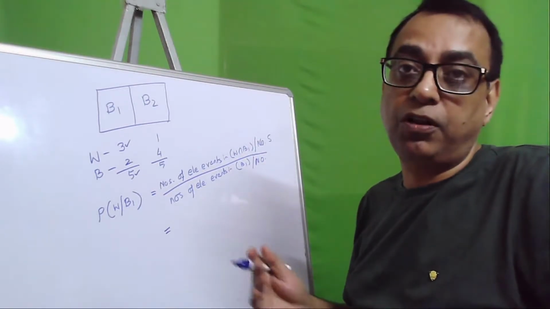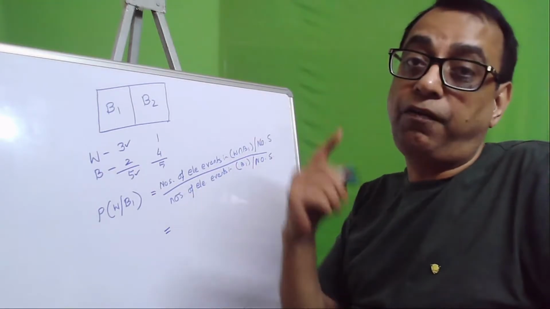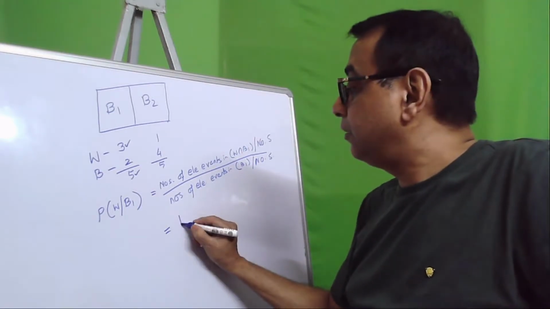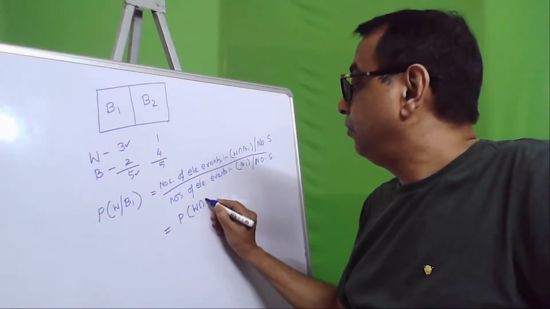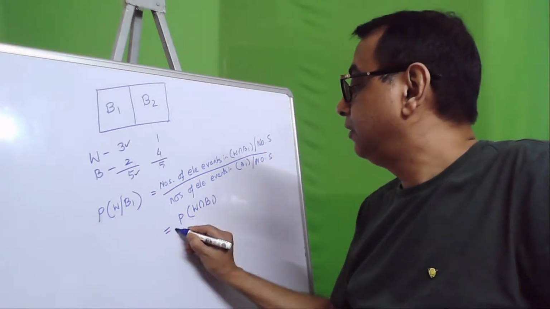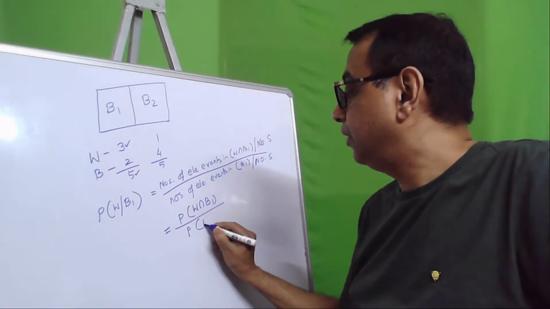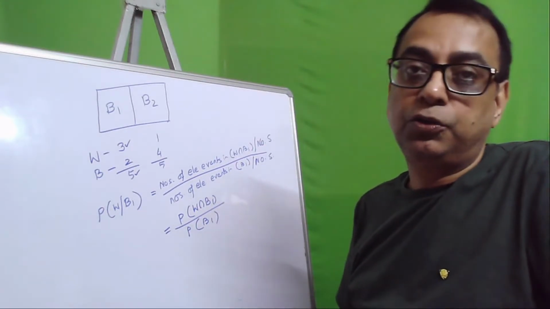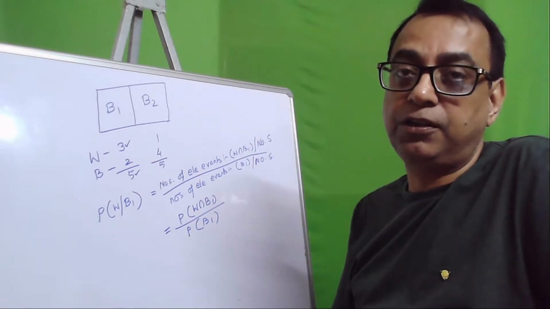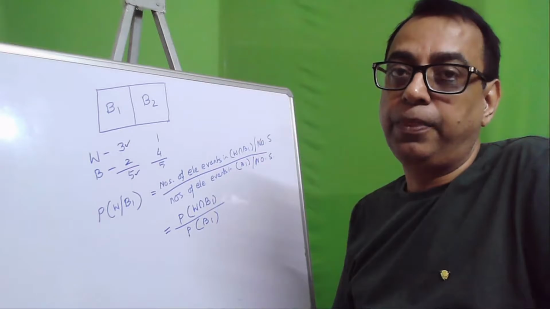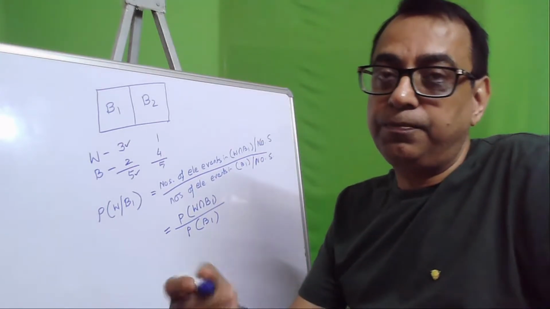So there is no change. But the top becomes the probability of W intersection B1, and the bottom becomes the probability of B1. So we convert from the number of elementary events to probability.